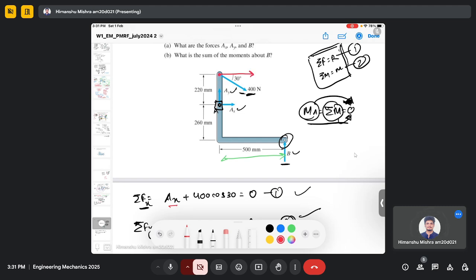So this is the X component and this is my Y component. And this is 400 sine 30. This force will have a moment because it has a perpendicular distance of 220 millimeter, but 400 sine 30 will not create any moment about point A because it doesn't have a perpendicular distance. So the forces we should consider are 400 cos 30 and B.